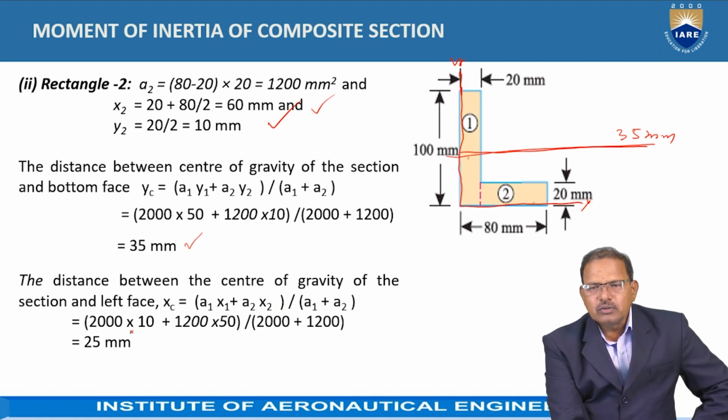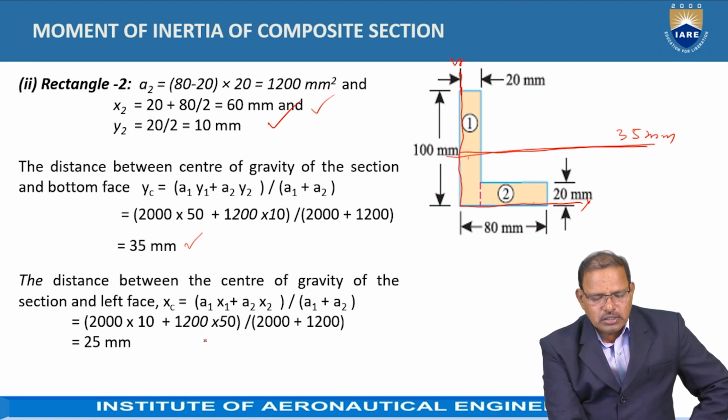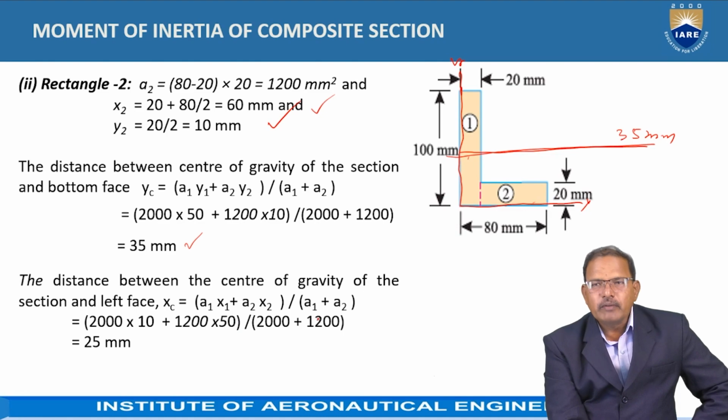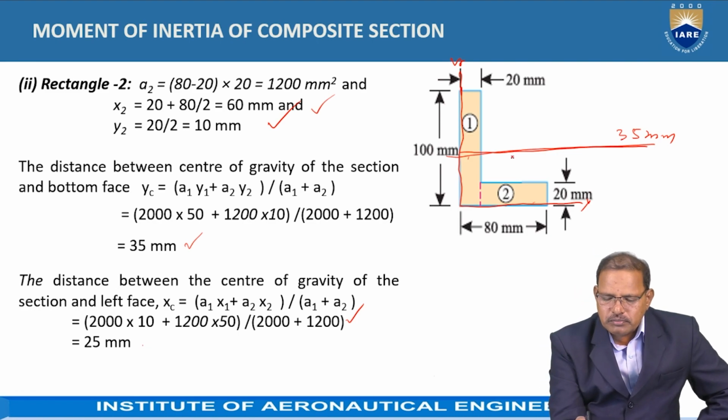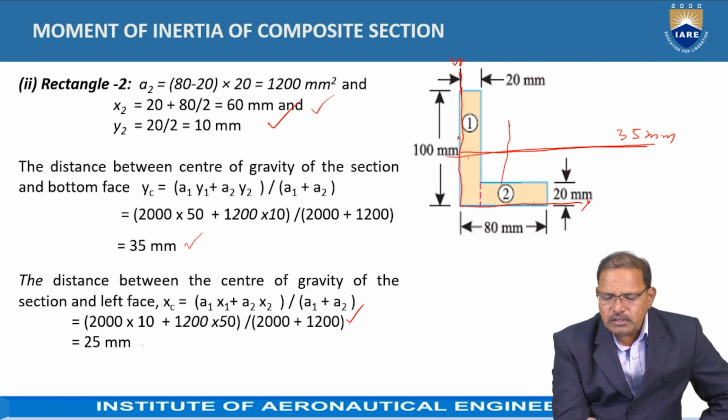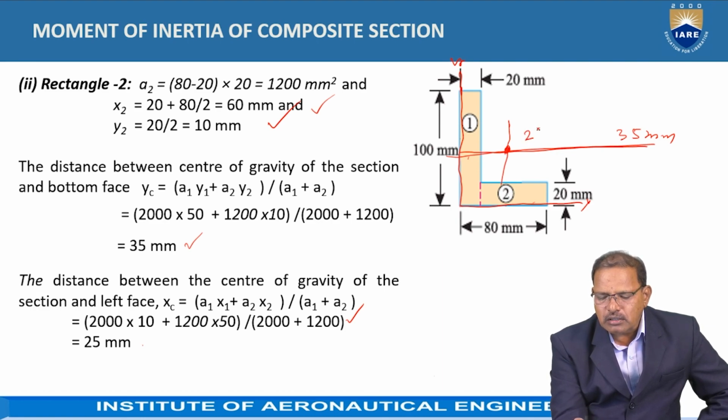So a1x1 is 2000 into 10, and a2x2 is 1200 into 50, divided by 2000 plus 1200. On simplification, we got this value equal to 25 mm. That means at a distance from the y-axis, it is equal to 25 mm. That is, the coordinates are now 25 and 35.